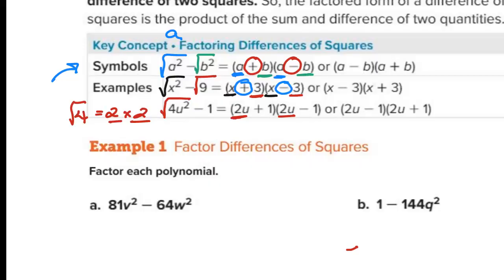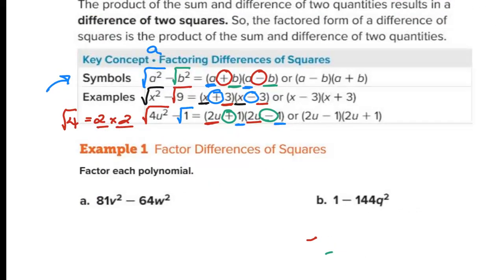So that's 2u and 2u. And then, I don't know if you've ever thought about this, but 1 is a perfect square. 1 times 1 gives you 1. So the square root of 1 is 1. And you put a plus sign in the first factor and a minus sign for the second factor. Okay? Any questions about those examples?